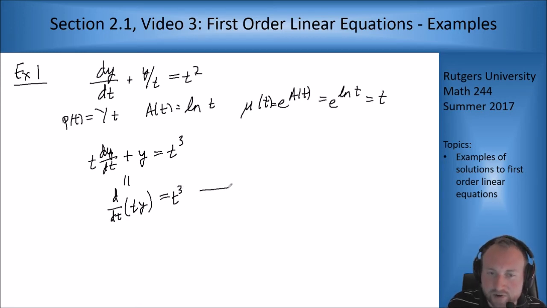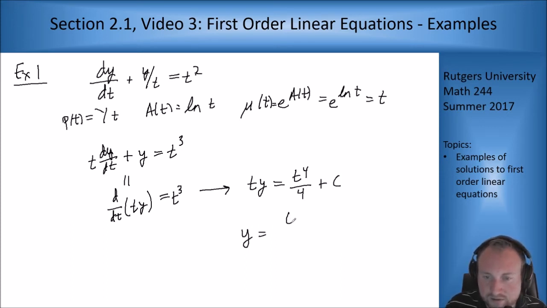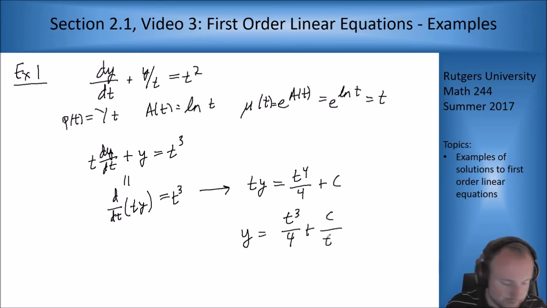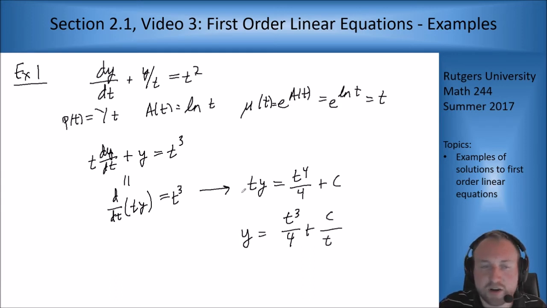And now I can integrate both sides. So ty equals t to the 4th over 4 plus a constant. And so then y equals t cubed over 4 plus c over t. All right, and that has solved our first order linear equation up to an initial condition.